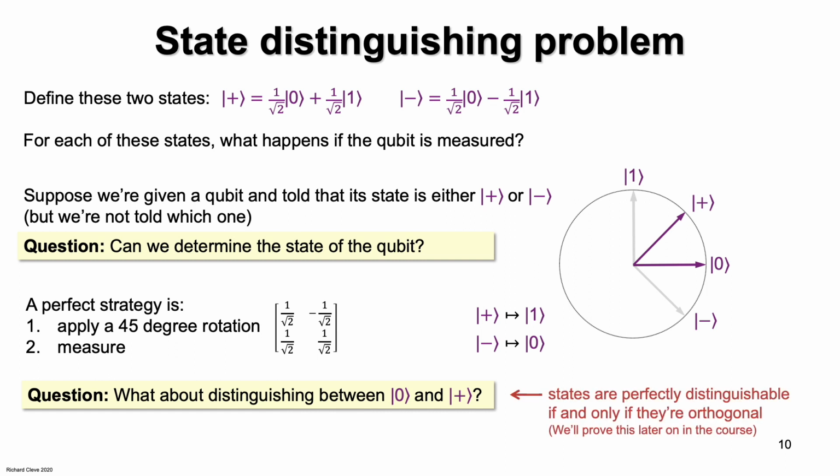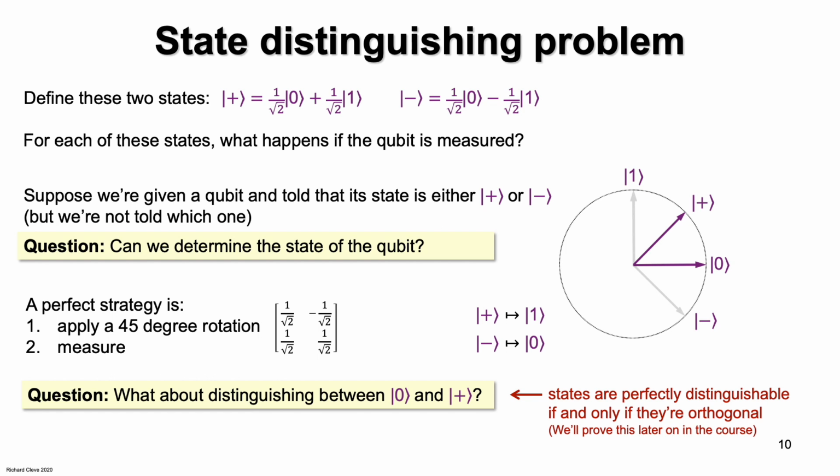It turns out that two states can be perfectly distinguished if and only if they are orthogonal. I'm stating this now without proof, but when we get to the information theory part of the course, we'll see some tools that make this easy to prove.